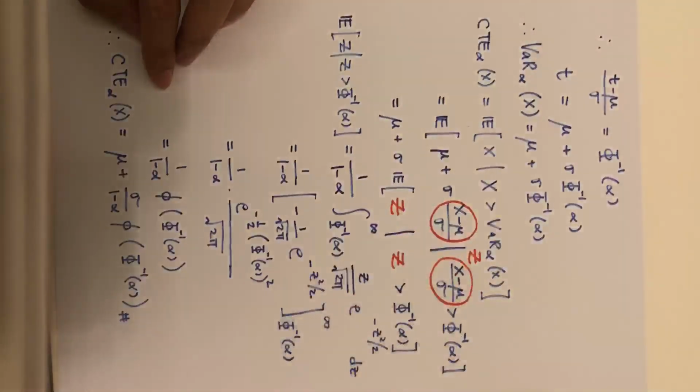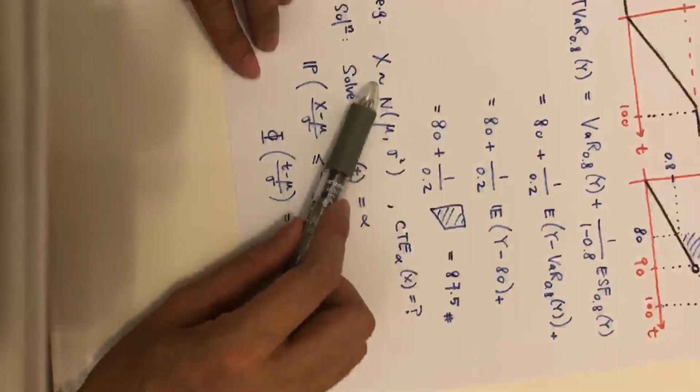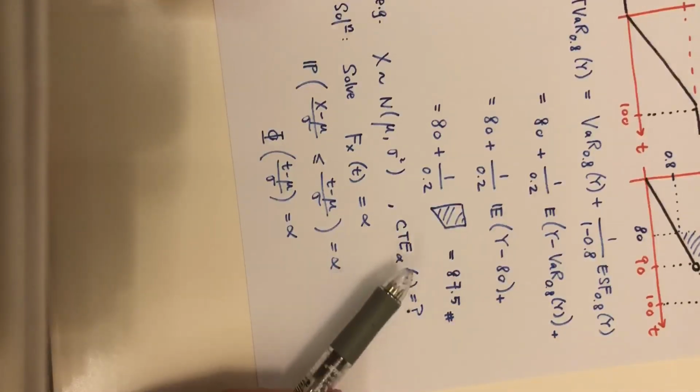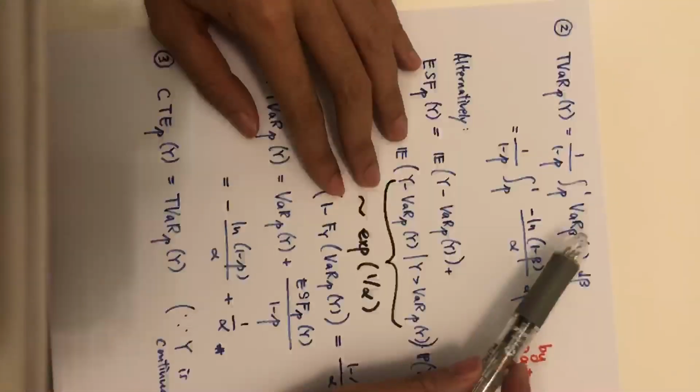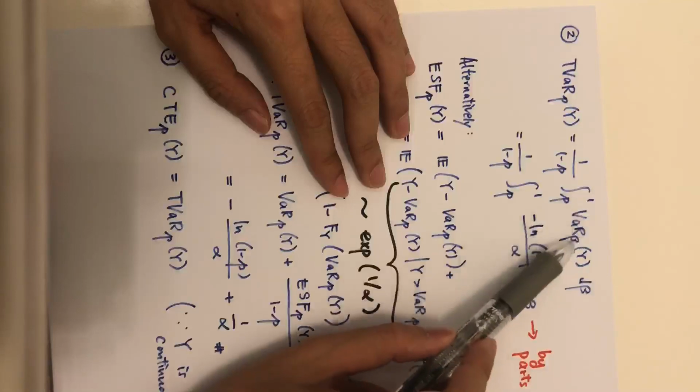Now, remember we want to find the CTE. Because this is continuous, CTE equals TVaR. By the definition of TVaR, you can integrate the VaR.